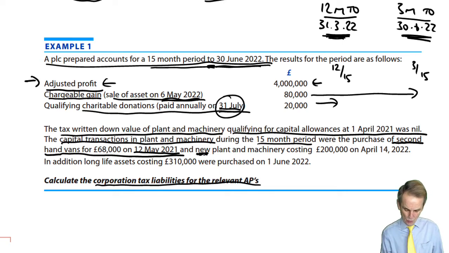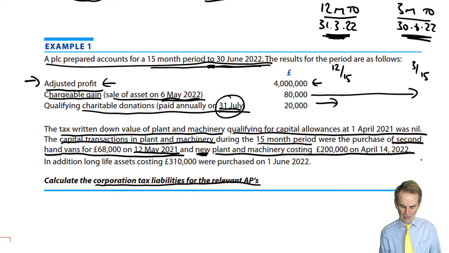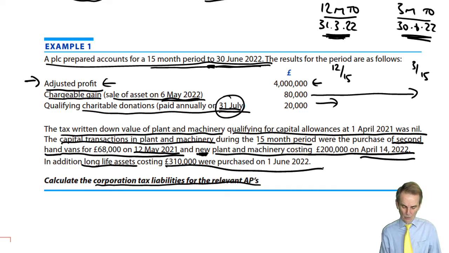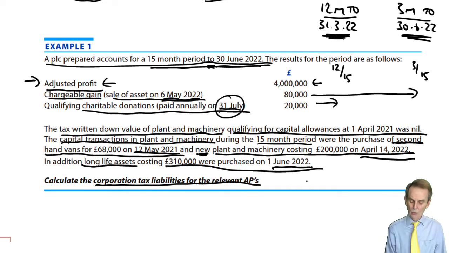And new plant and machinery costing £200,000 on April the 14th, 2022. Which accounting period does that fall into? And in addition, long life assets, not just your general plant and machinery, but long life assets here costing £310,000 were purchased on the 1st of June 22.